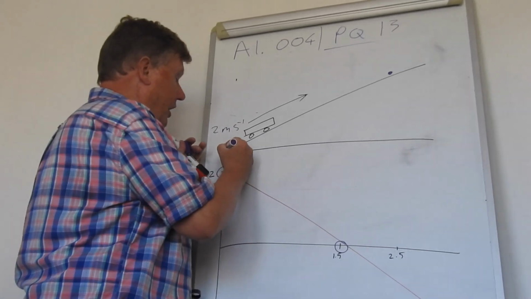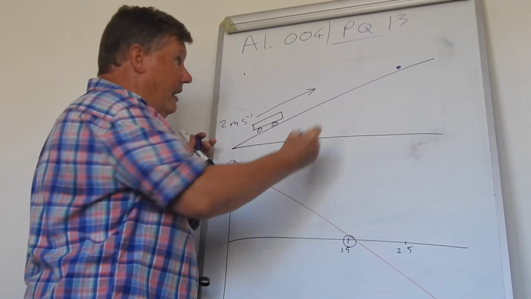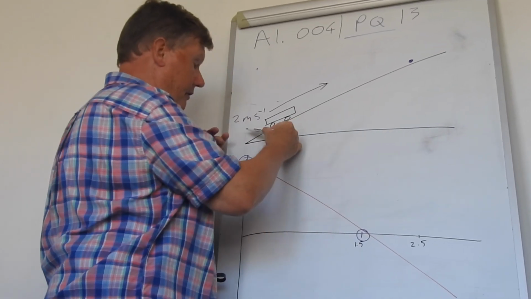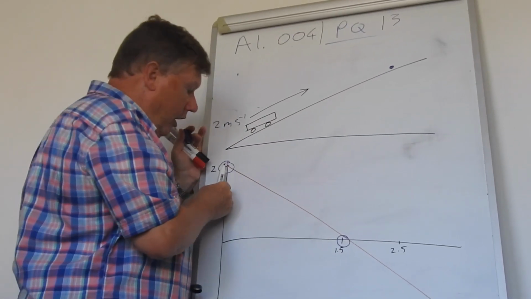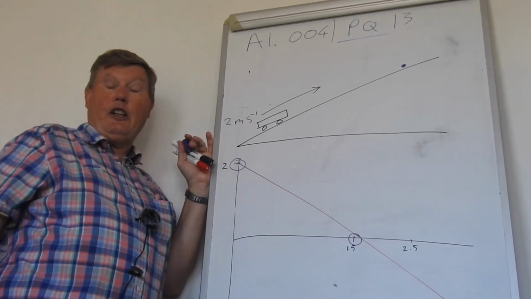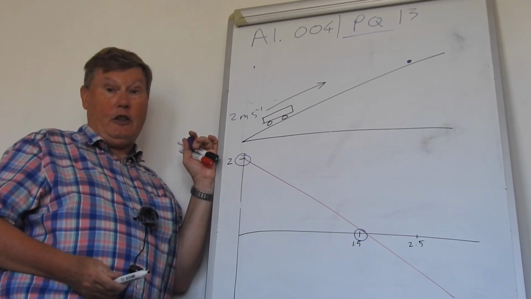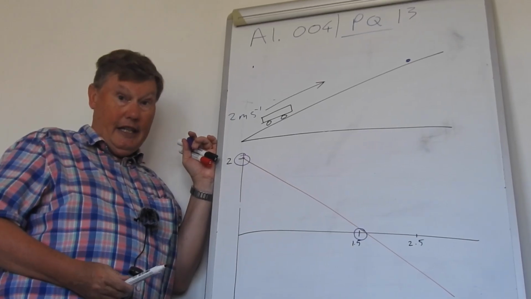So it goes up for 1.5 seconds, and then it starts rolling back down. And because the line on the graph is completely straight, we know that acceleration is constant, which is a good thing because it's meant to be constant for our SUVAT equations that we're going to be doing next video.